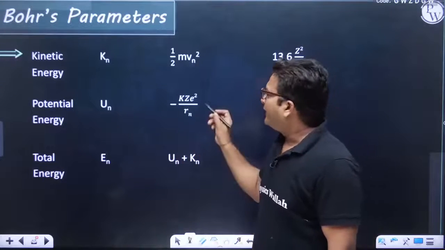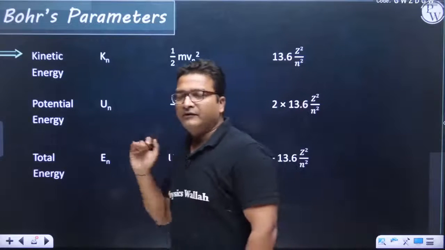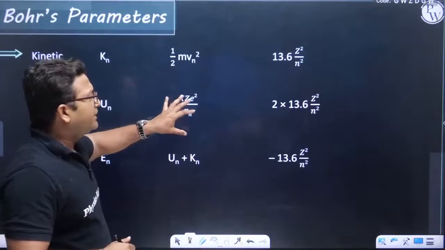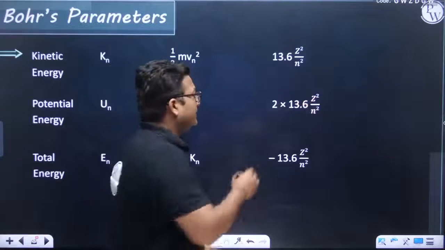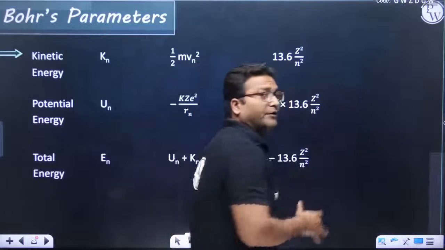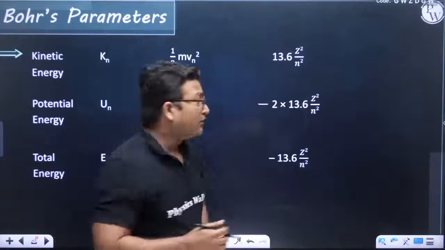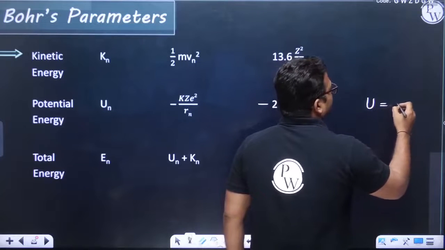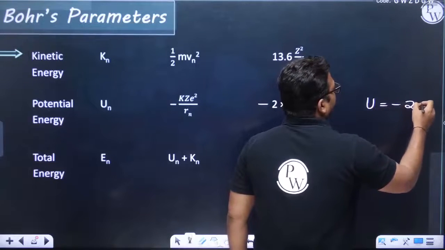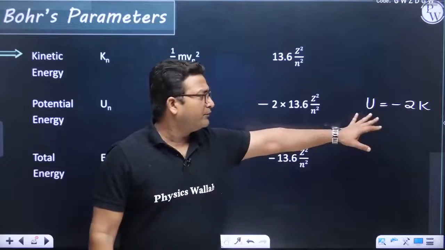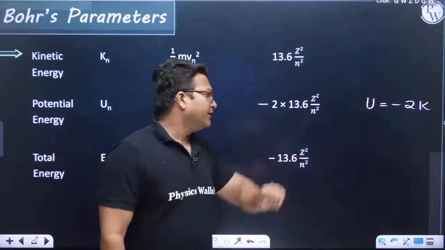After solving this, you see that potential energy is equal to twice the kinetic energy but negative. So always remember, if the electron is revolving in a circular orbit, the potential energy is equal to negative of twice the kinetic energy. This is a very helpful relation.